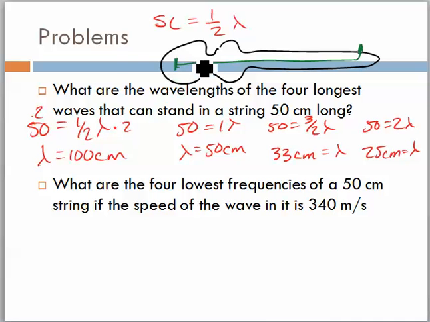Alright, here is our string. And if we pluck it, the half wavelength is easy because it would be simply going down here. So that's not hard to understand. If we continued it, one wavelength would be over there because it has to finish. We have to stop where there are nodes.